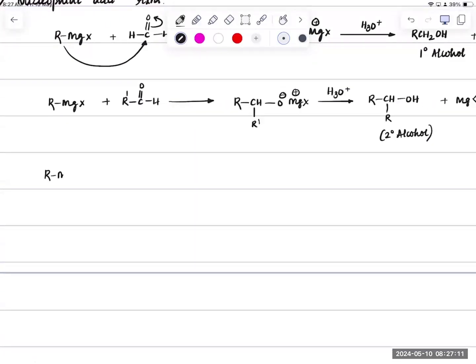Next, if you have RMgX treated with ketone, R dash C double bond O R dash. This is ketone.